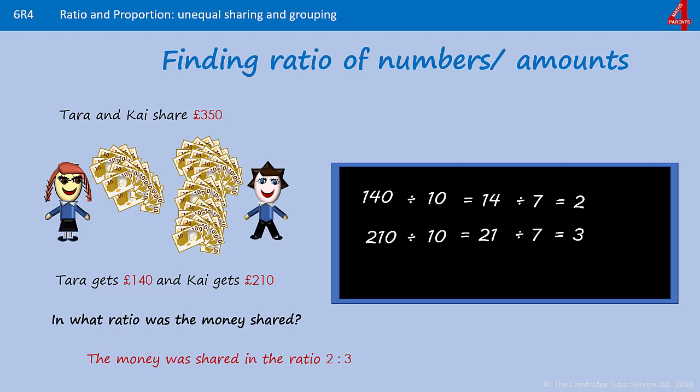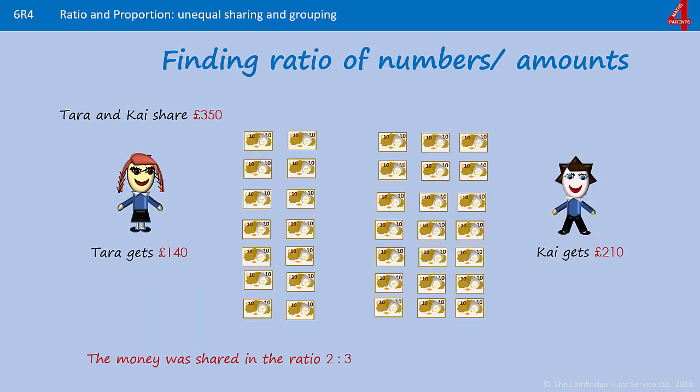This might be a little harder to envisage because each one we're dealing with is a £10 note. For every 2 £10 notes that Tara has, Kai has 3. So for every £20 that Tara has, Kai gets £30. The ratio is 2 to 3.